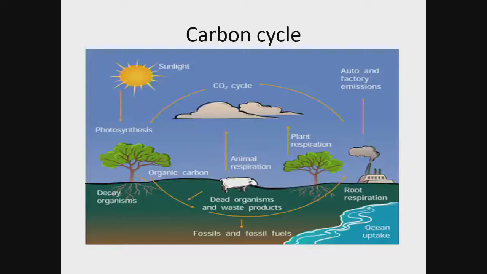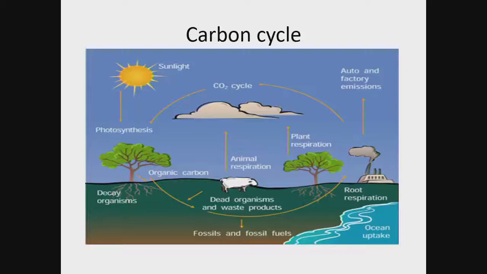We have our plants. When the plant dies, or when the animal that fed on the plant dies, this dead plant and dead animal, if their dead body parts remain in the soil for millions of years, then they form what is called fossil fuel.